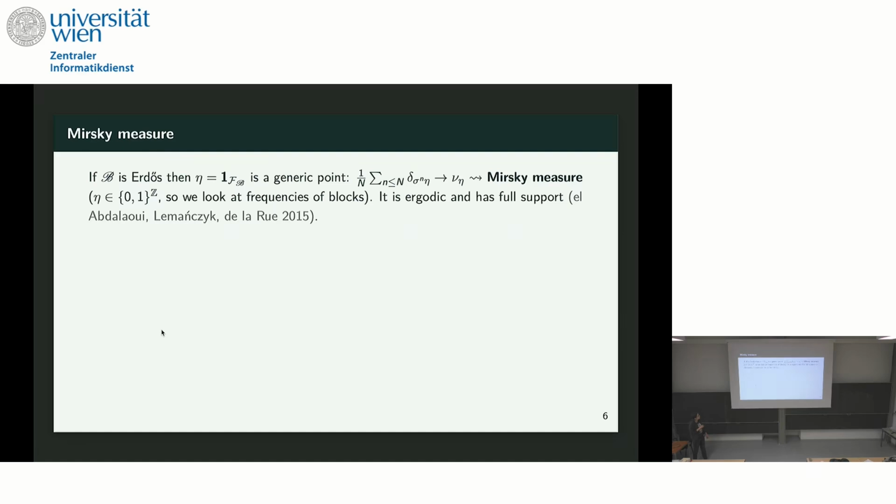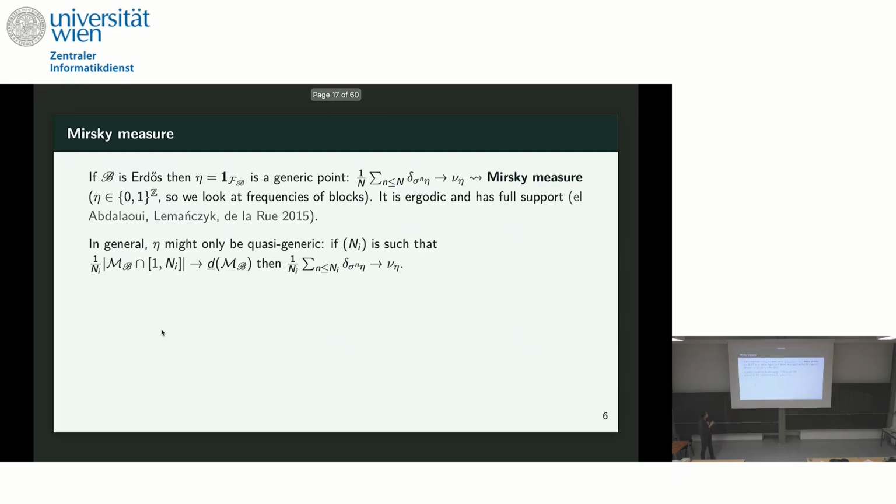So this sequence of measures converges to something, and we call this something the Mirsky measure. So since eta is a 0, 1 sequence, what we do is we basically look at frequencies of blocks appearing on eta. This measure is ergodic and has full support. So this is a nice measure.